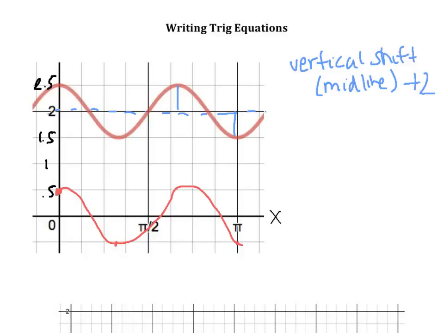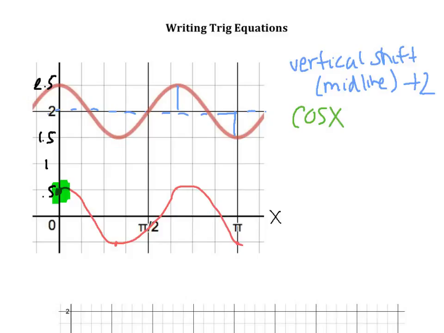So now I recognize that I am working with a cosine graph. And I know I'm working with a cosine graph because of what happens right here. I start at the peak and I go down. So that's going to tell me it's cosine. And I'm going to put cosine x.